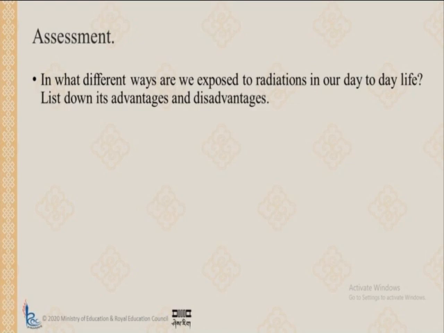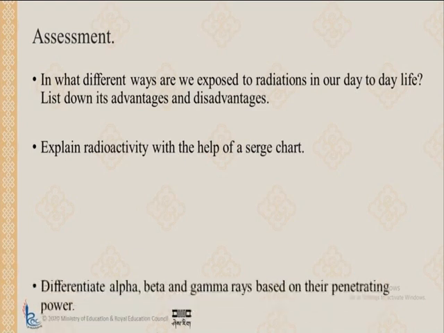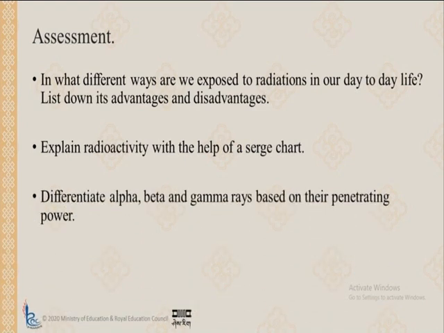I want you to do a little bit of research here and then write what different ways we are exposed to radiations, and also the disadvantages and advantages. Next. Explain radioactivity with the help of a chart. It will help you revise again. Differentiate alpha, beta and gamma rays based on their penetrating power.